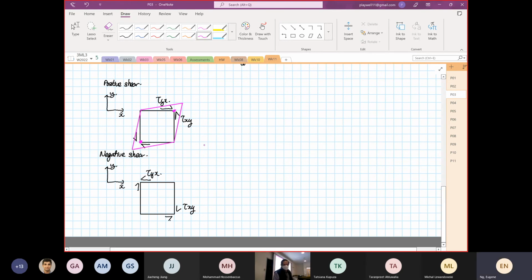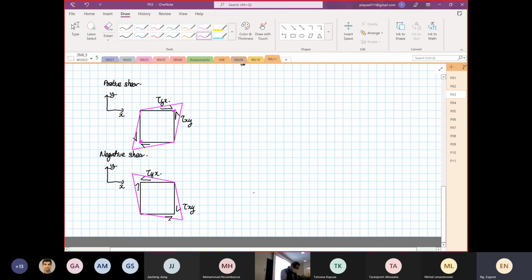The one in pink is known as the deformation pattern. And then again, if I were to do the negative shear, it will look this way. So the deformation is different.